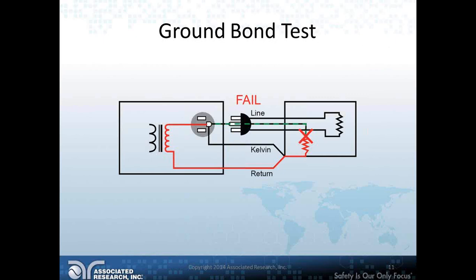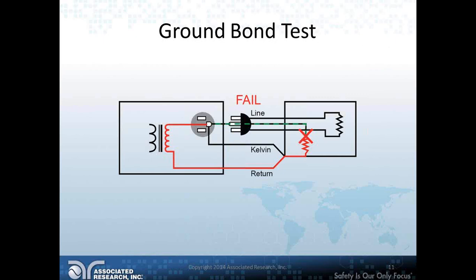At the bottom of this page you can see a picture showing what the circuit for the dielectric voltage withstand test looks like. On the left side you can see an Associated Research Omnia 2 series electrical safety compliance analyzer, and on the right side we can assume that this is the device that is being tested.